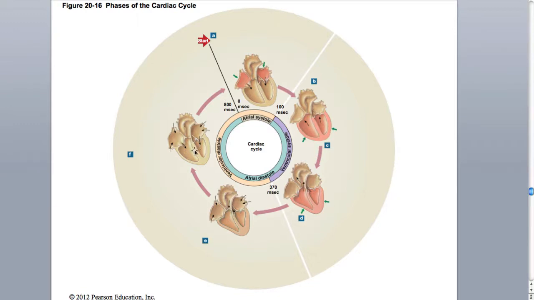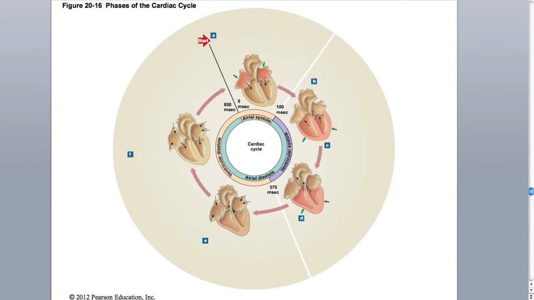We also see blood leaking into the ventricles before the atria actually contract. So yes, there is blood going into the ventricles before the atria actually contract. Okay? So there is blood moving into the ventricles before the atria had a chance to contract.